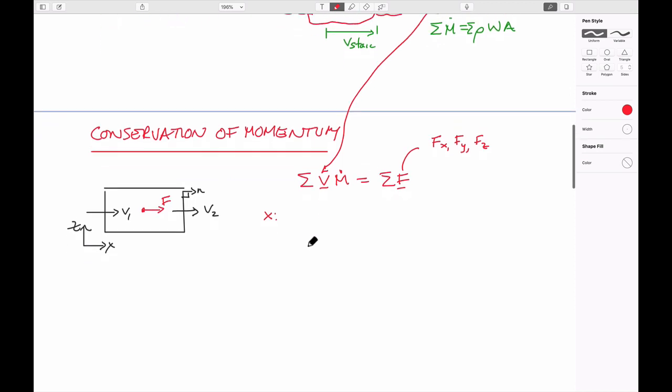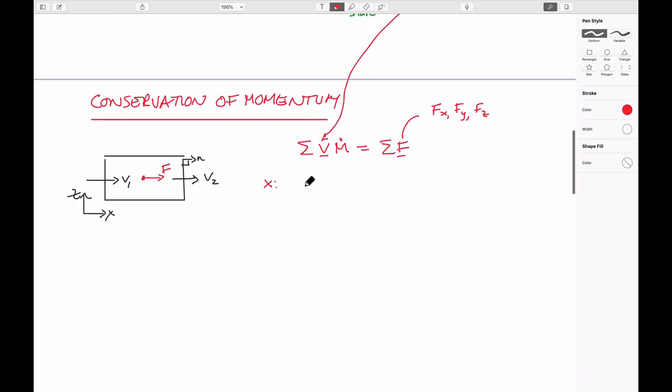And so the full expression that we might want to use is the sum of the velocities relative to the control surface, CS, not SC, multiplied by mass flow rate is equal to the sum of the forces.